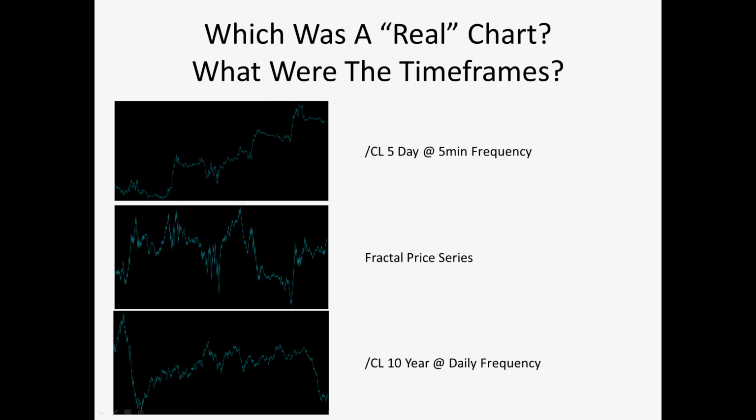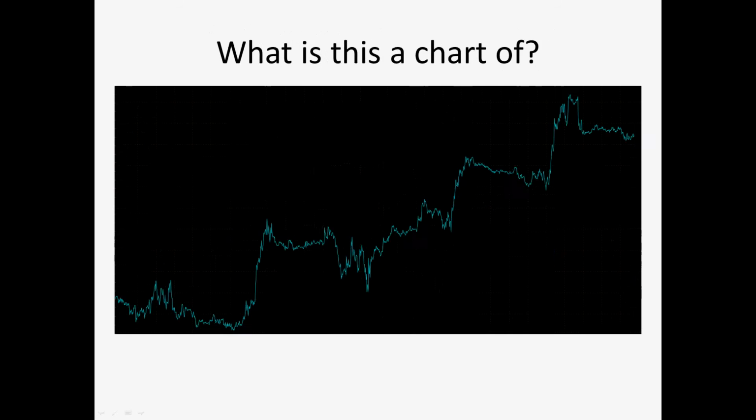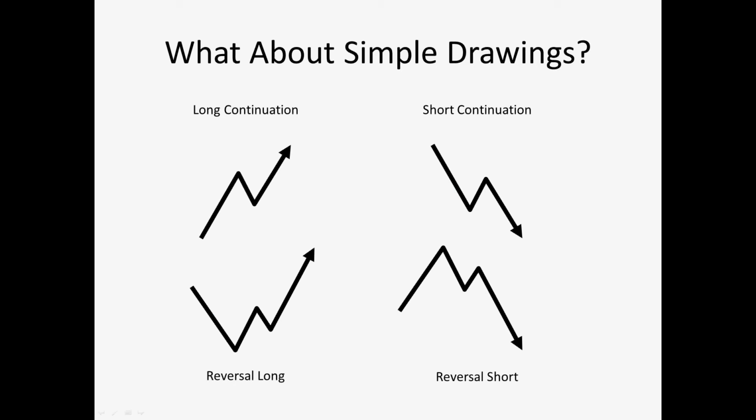So our first chart was a 5-day chart of crude at a 5-minute frequency. That was the actual price series from the market. The second chart was our fractal price series, created from an amalgamation of using only these 4 price patterns.